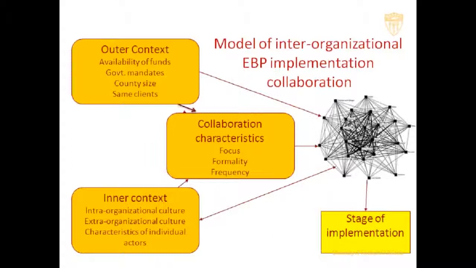These characteristics, in turn, seem to have an influence on the structure of the networks that link members of different social service agencies together, which in turn seems to have an influence on the stage of implementation.